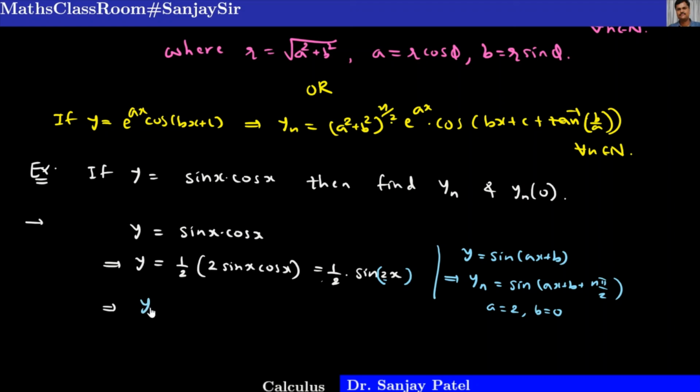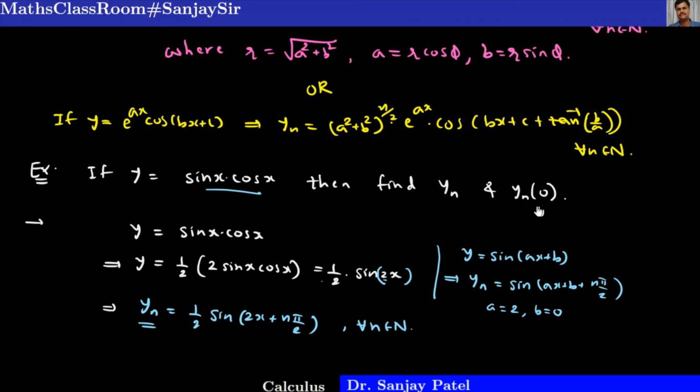What we get is yn is equal to 1 by 2 times sin(2x plus n pi by 2). This is the answer, and using this formula you can find the derivative of the function y is equal to sin x into cos x for any n belongs to N. That means you can find the 100th derivative or even the 10,000th derivative using this answer.